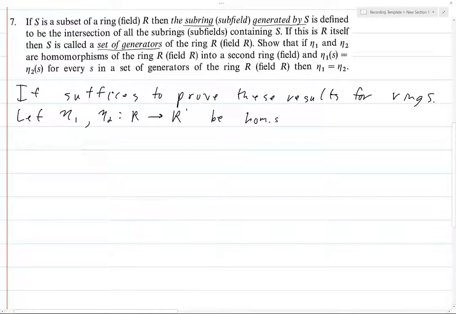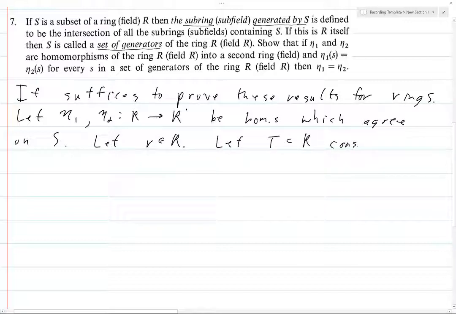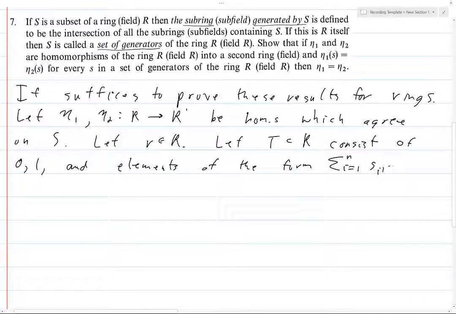Let them be ring homomorphisms which agree on elements of S. Let T be a subset of R consisting of 0, 1, and elements of the form the sum from i equals 1 to n of s_{i1} through s_{i m_i}, where s_{ij} is in S. So these are finite sums of finite products of elements in S.